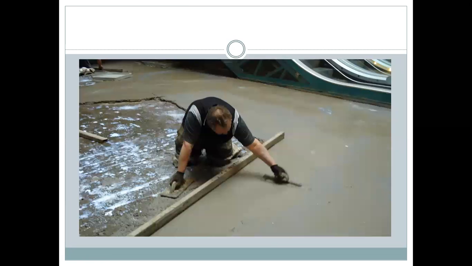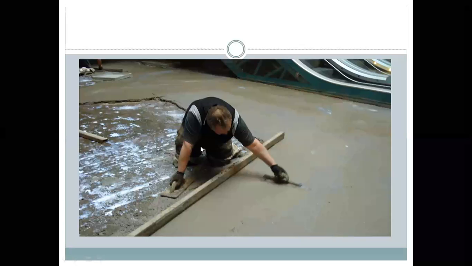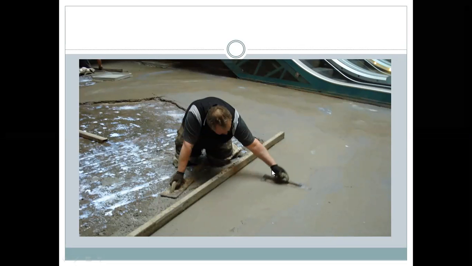So floating is done with this small equipment, as we see in the hands of this worker, in both hands it is having the float. It has a small handle to carry it, and the bottom is a rectangular surface, a very plain surface.